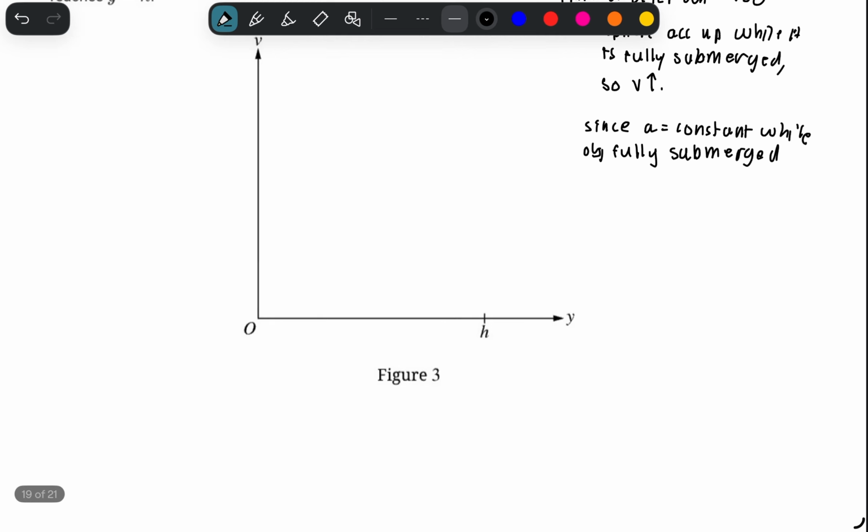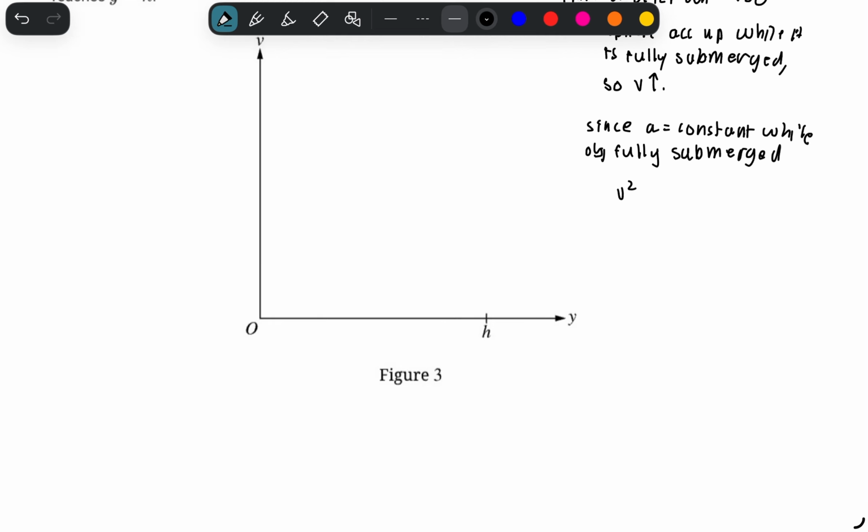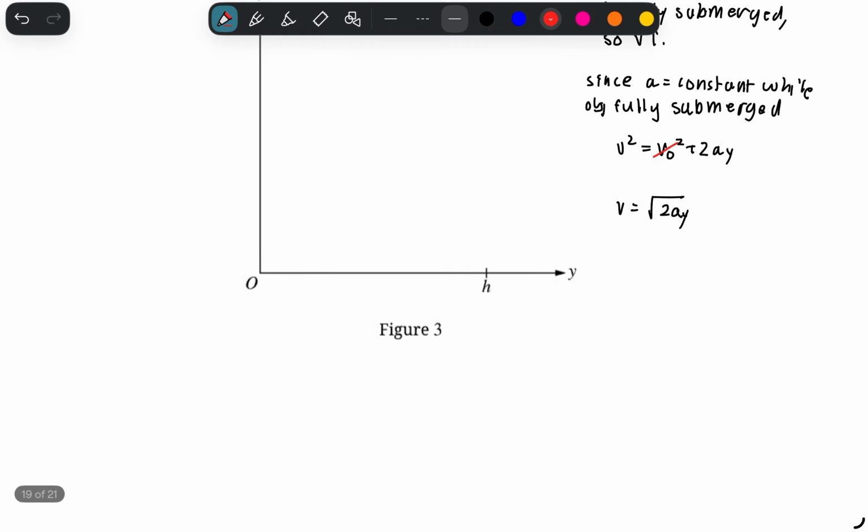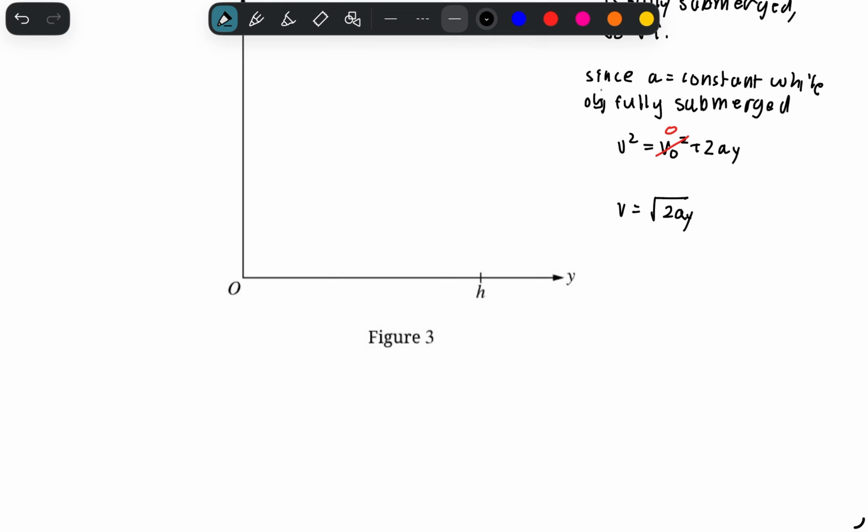We use the kinematics equation. v squared is equal to v initial squared plus 2ay. So this simplifies down to v is equal to the root of 2ay, because v initial is equal to 0. And then you just take the root of both sides like that.